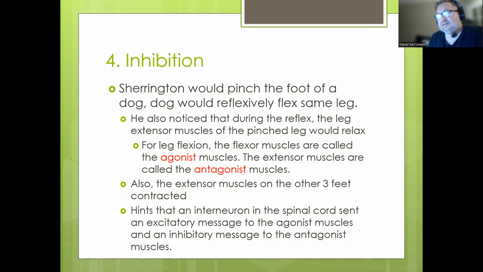You don't want the agonist and antagonist muscles contracting at the same time. That would never be a proper movement. You have to have one muscle active and the other inactive. So one muscle is excited and the other has to be inhibited.